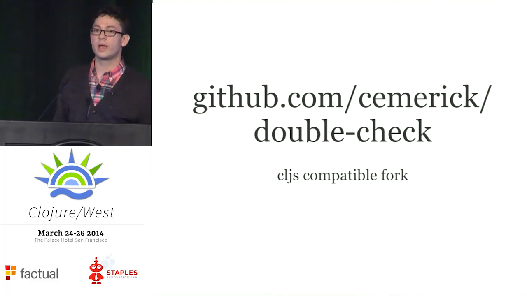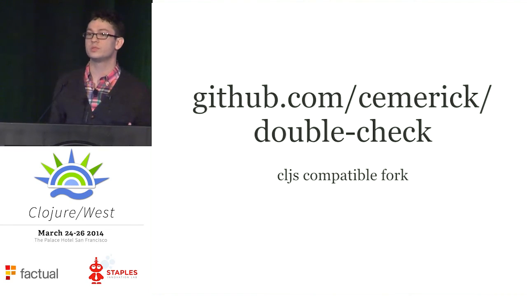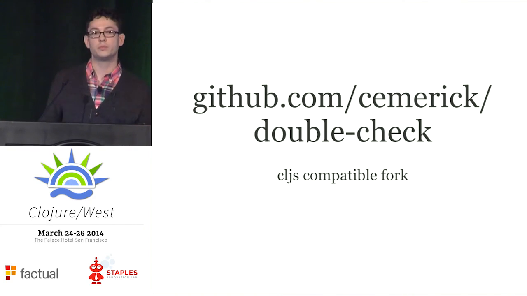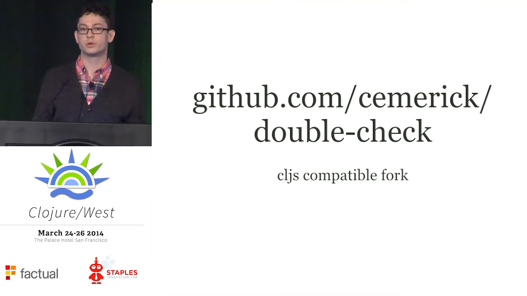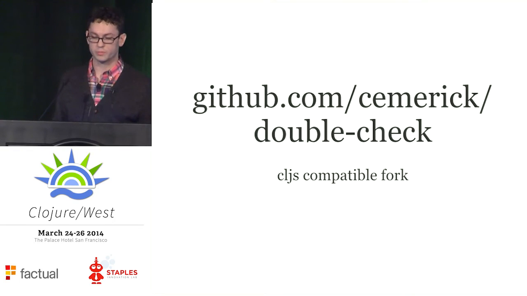There's also a fork of test.check that uses CLJX so that you can use the same code base to test ClojureScript applications. If you have ClojureScript that you want to test in this way, you can use double-check to apply the same principles of property-based testing to testing your ClojureScript as well.